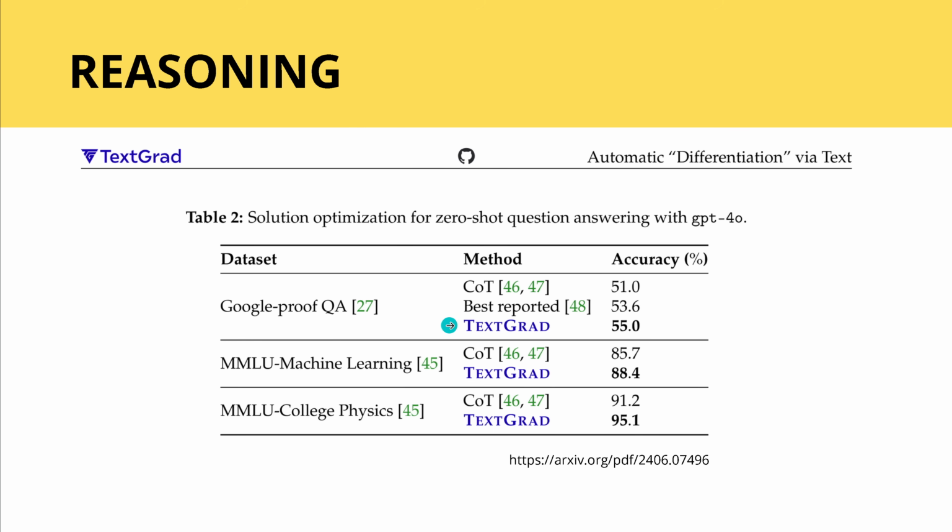Now, if we use TextGrad, I personally would have expected a better performance, but it is 55.0. These are the data. Now, if you go here to different data sets that are specific for reasoning, and I showed you in my last video, so you have comparable performance data, you see here the jump from TextGrad to a chain of thought is from 85.7 to 88.4 or 91 to 95.